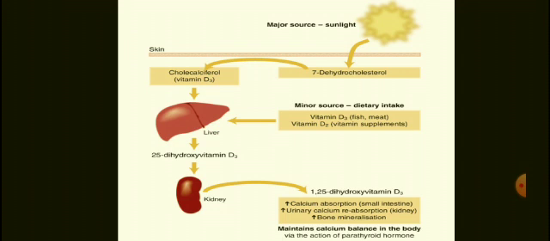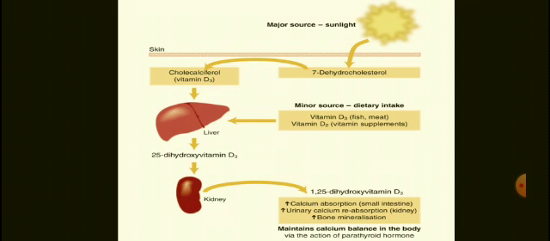Now this vitamin has to be activated. In the liver it is hydroxylated at its 25th position to form 25-hydroxyvitamin D, and again it is taken into the kidneys, and there it is hydroxylated at the first position to form 1,25 dihydroxycholecalciferol.